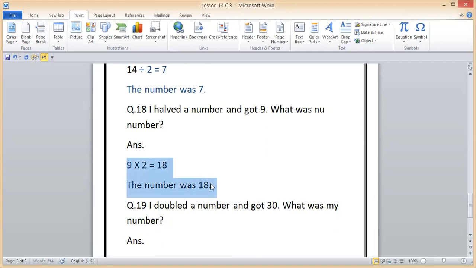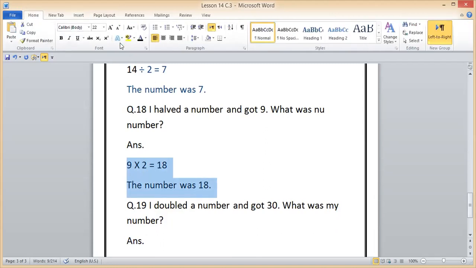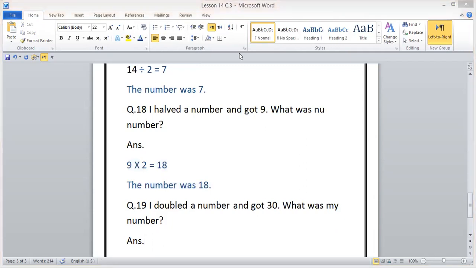Again, a double is given to you. Find out the opposite of that, and in that way you will find out the answer. I doubled a number and got 30. What was my number? Answer me in the chat box, guys.